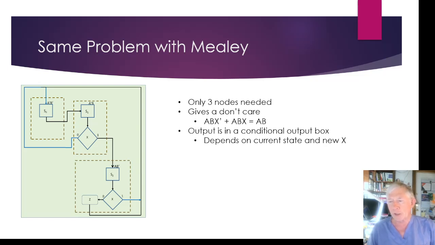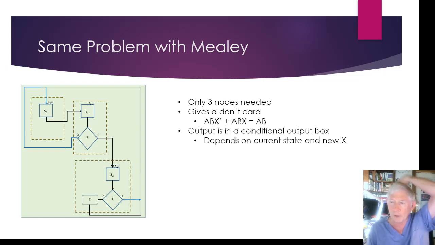If X is 0, we go through the Z, which means Z equals 1, and we take this link path and we go all the way back into S0, where we'll be ready for the next input. If on the other hand, the new X is a 1, now we don't have anything. We didn't get our target, so now we reset to S0. And notice these two paths go back in the same place.